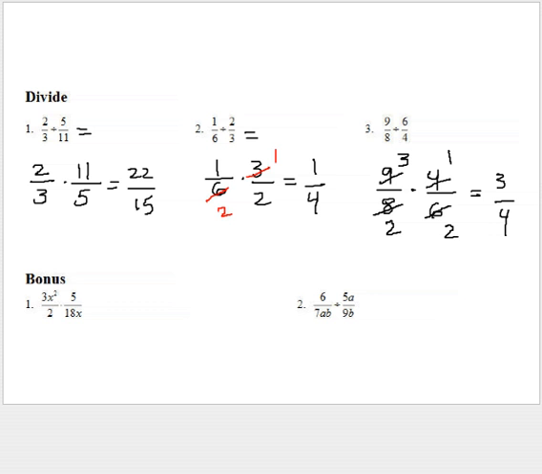Okay, could you put a check mark next to your name if you've done the first bonus problem, any of you? All of you, okay. Tasha, can you tell me what you get for the first bonus one? I have 3x squared, so I can have x and 5. And here I have 2 times 18 times x. Okay, Tasha says 5x over 12.